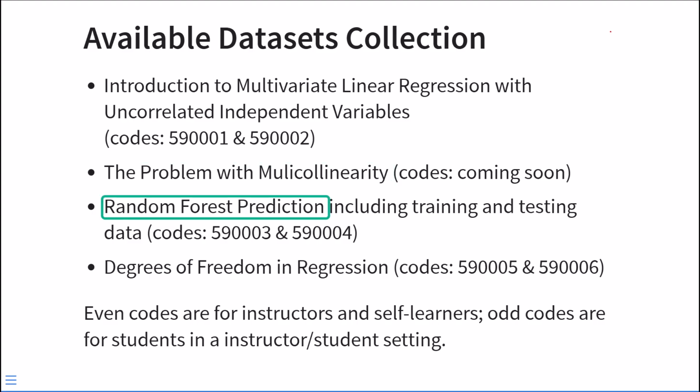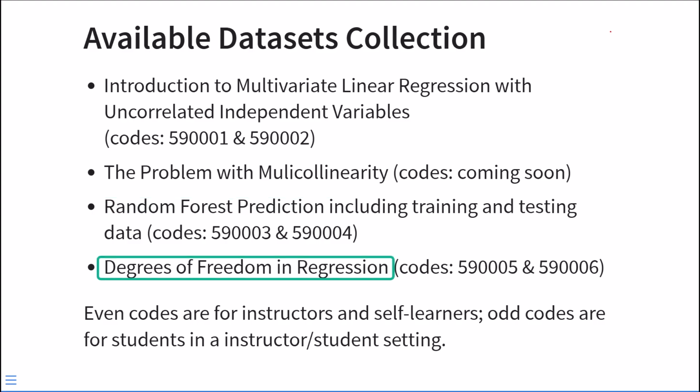And the third collection of datasets shows the random forest model, including the process of building and using training and testing data. And finally, the last collection of datasets deals with the degree of freedom in regression.